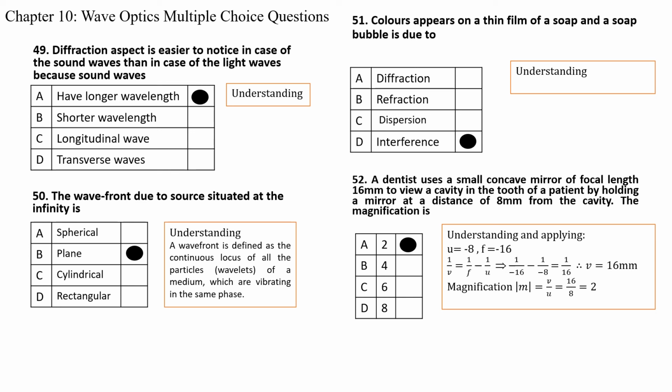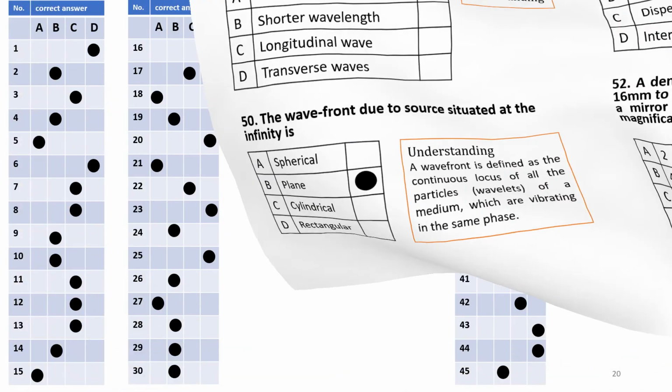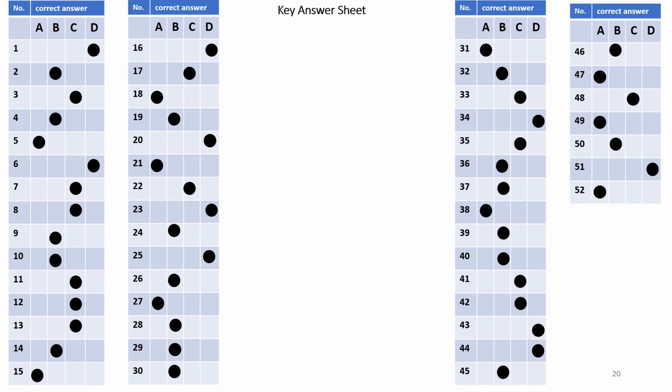Now we will review our answer sheet. So this is the general key answer sheet where you are required to answer all the questions. Column number 1 is the question number, and options are given here as A, B, C, D. The 4 options given in the question are given here and you have to encircle the correct option.